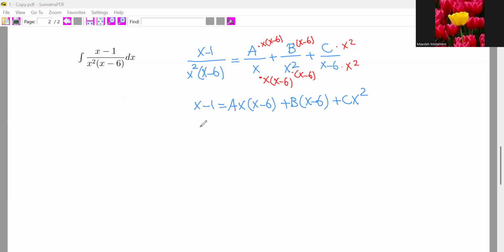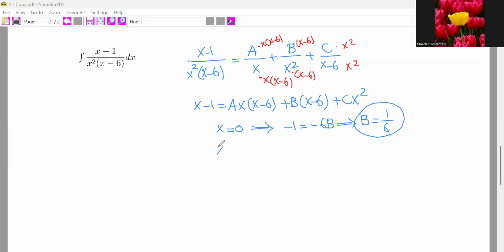So if we want to get help of points, if I plug in 0, left side will be negative 1, and right side we don't have this first expression, we don't have the last one, we only have the middle one, which will be negative 6b. So from here, b would be 1 over 6.